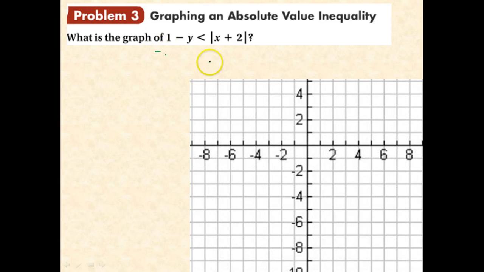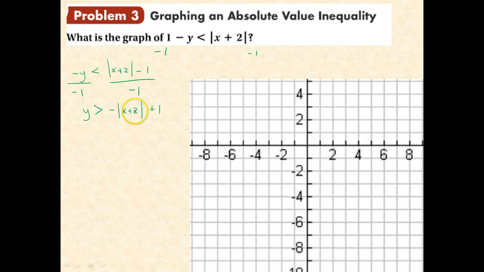If I subtract 1 from both sides of the inequality sign, then I get negative y is less than the absolute value of x plus 2 minus 1. And then if I divide both sides by negative 1, whenever I divide by negative, it switches my inequality sign. And then I'll have negative absolute value of x plus 2 plus 1.